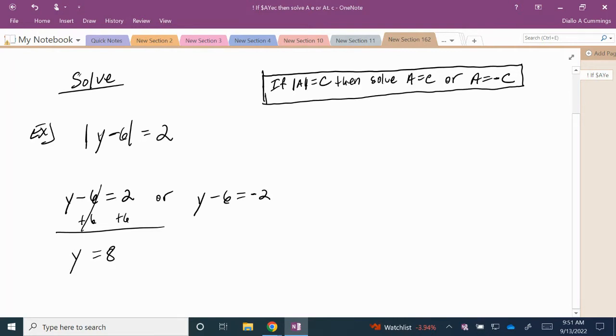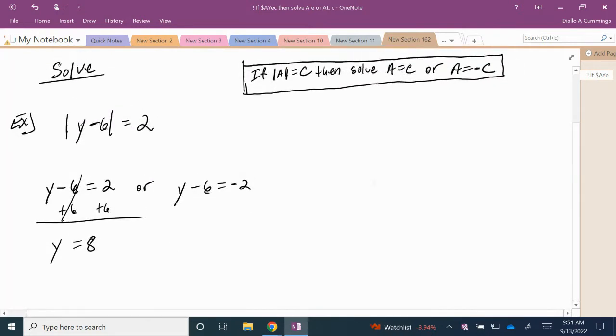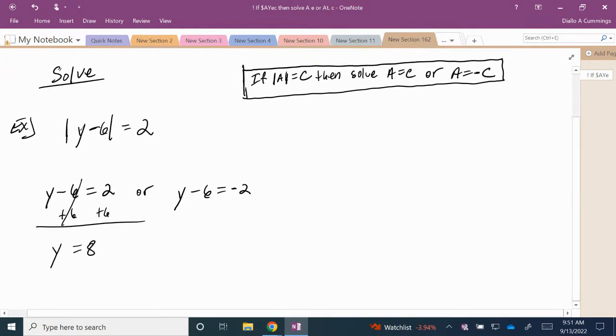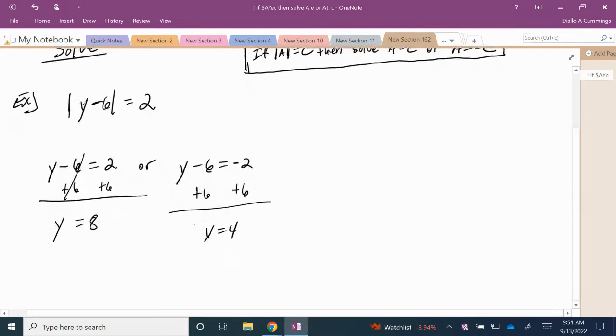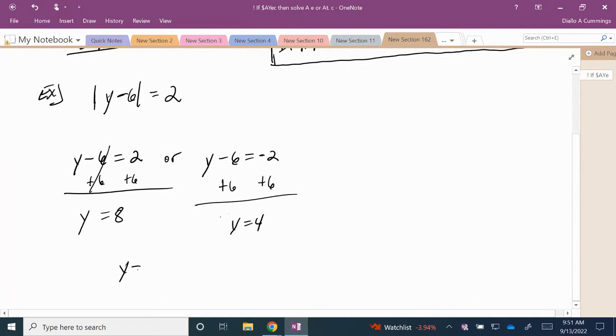I'm also going to solve that second equation. So for the second equation, again, I'm going to add 6 to both sides. And we have y is equal to 4. So for the final solution, y is equal to 8 or 4.